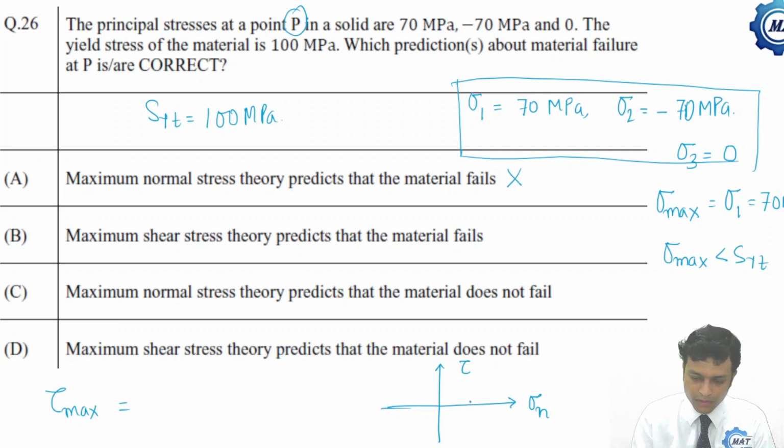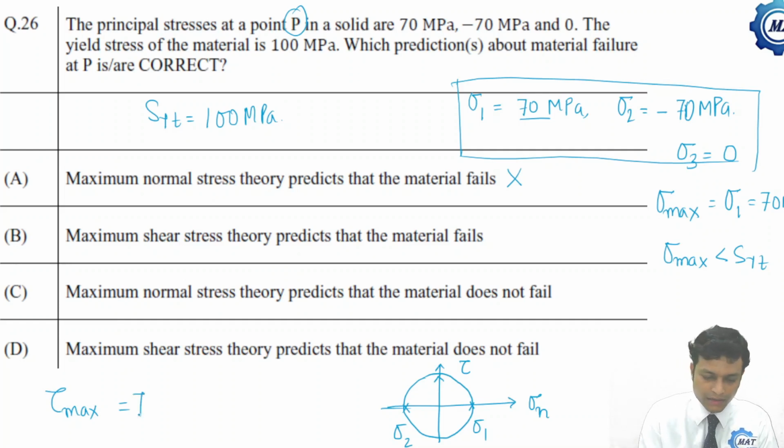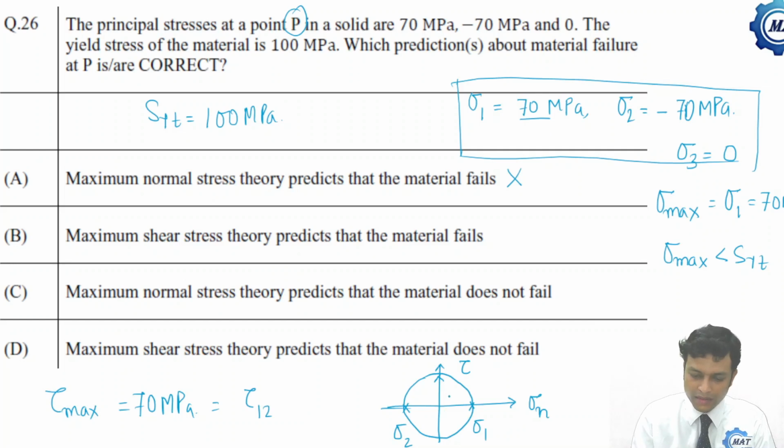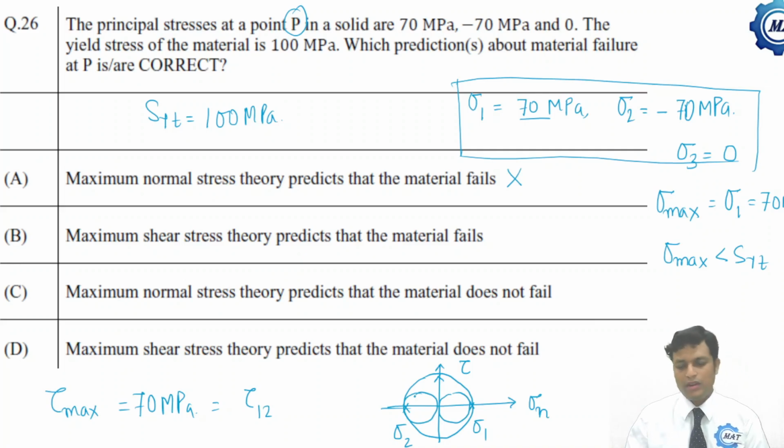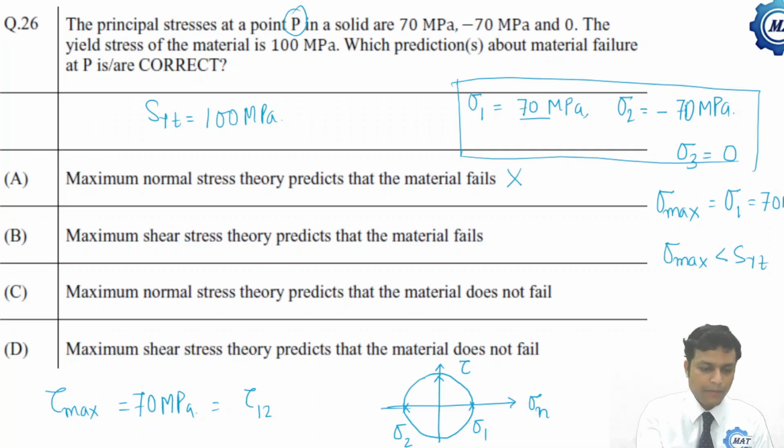So if I choose sigma 1 here, sigma 2 here, tau max, that is the radius of the Mohr circle, is nothing but 70 MPa. That is tau max between 1 and 2. And 1 and 3 is like this, and the Mohr circle between 2 and 3 like this. So this will be maximum. Let me neglect these two. So the maximum value is 70 MPa.